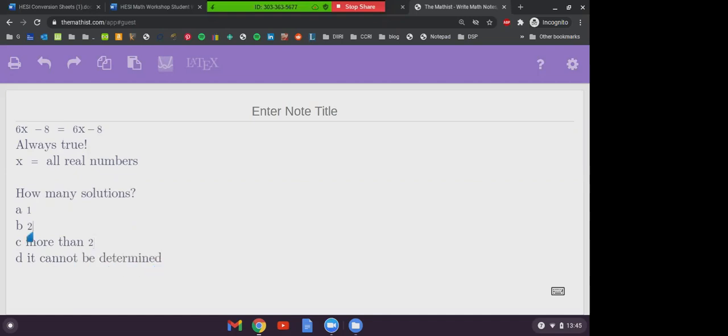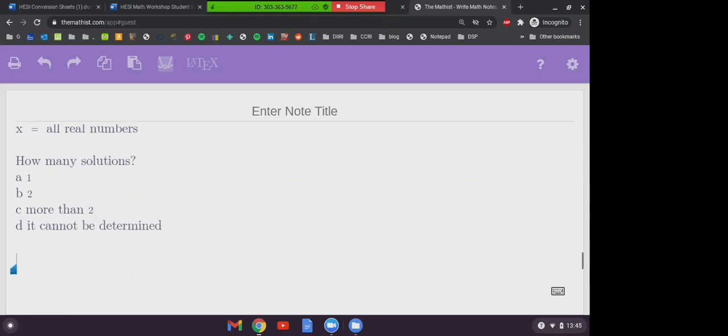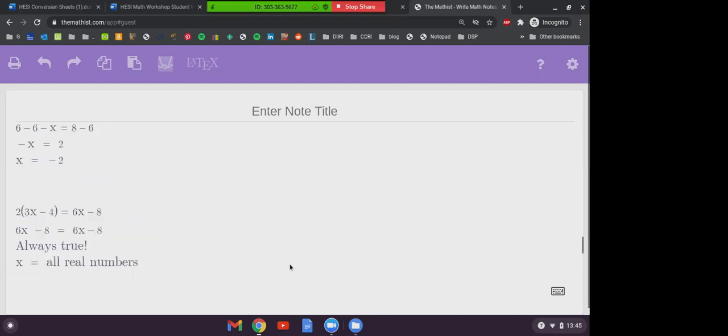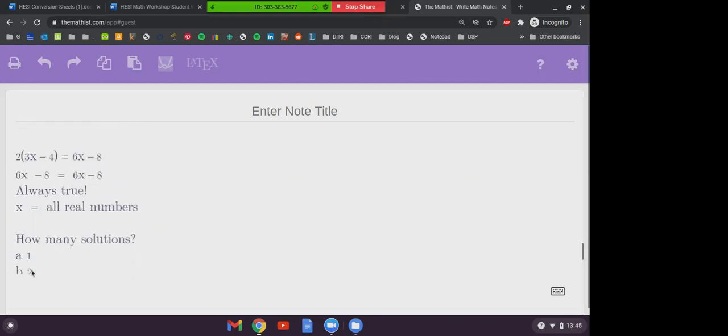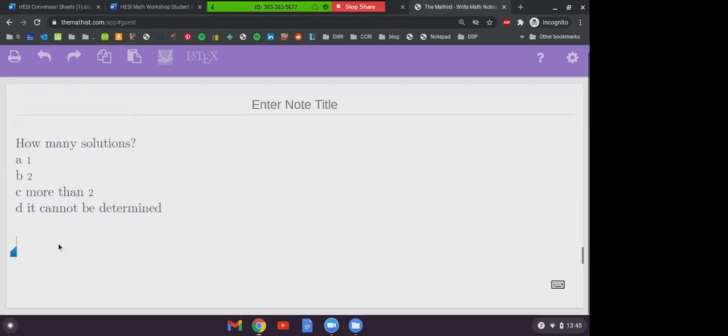Which one should it be? It should be C, more than 2 solutions. If it gets something that's equal to itself, it's always true. That means that x could be anything. If you plug in 1 for x, it works. If you plug in 2 for x, it works. If you plug in 3 for x, it works. So that's a way you might see that on the HESI. Again, not something you'll see every time, but it's something you might see.